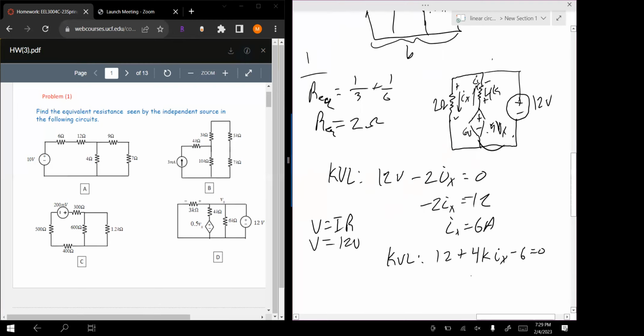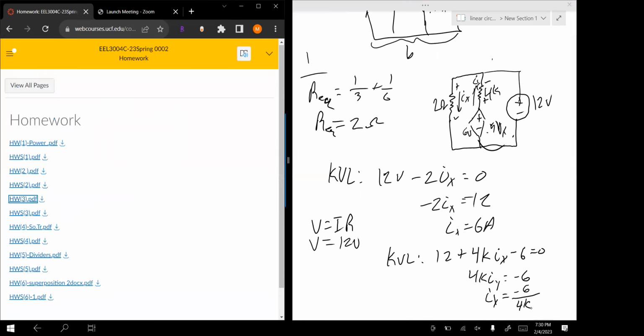So then this is going to be 4K IY is equal to negative 6, meaning that IY is equal to, again, negative 6 over 4K. Okay, so we found all the currents. I don't really know what we can do with that. Let's just see her breakdown in the notes here. See what we got.